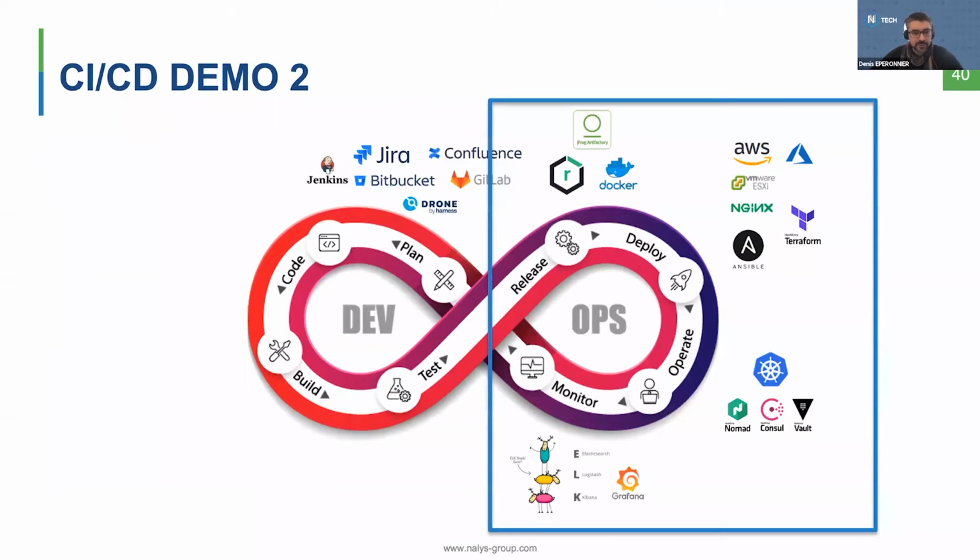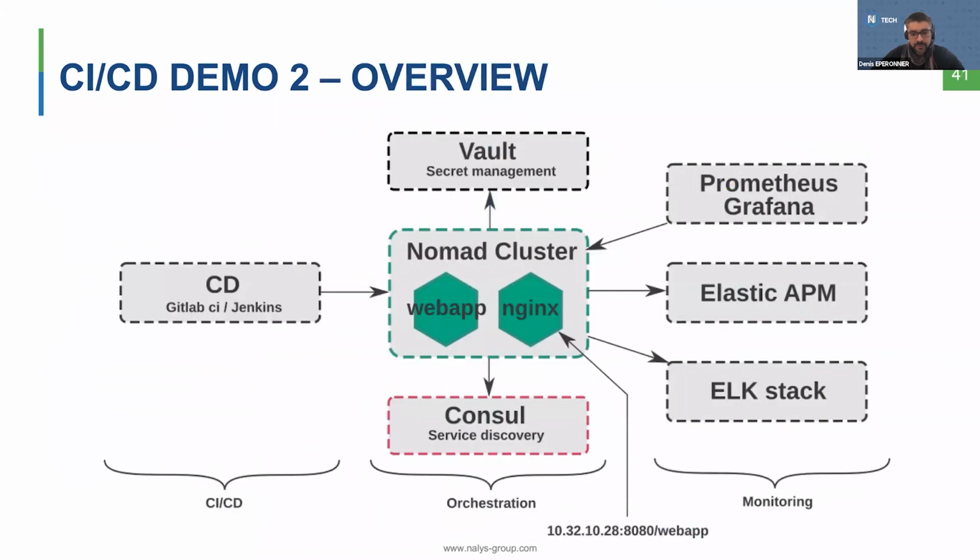So the right side of the DevOps symbol, and in this case, the CD system is potentially using a lot of tools. We will just go through the overview of this part. Of course, here on the left side, you have your CI/CD system. Again, could be GitLab, could be Jenkins. But when moving on to continuous deployment, we want to use, in this case, an orchestration tool with a cluster running our web application, and also a reverse proxy slash load balancer.